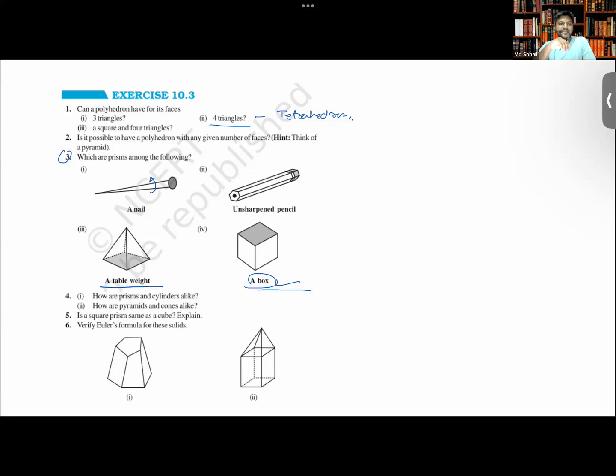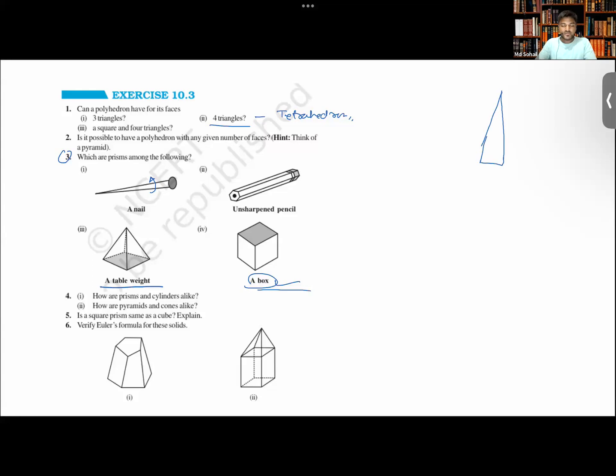But prisms do not have a circular shape, right? There's a distinction which we are seeing here. If you look at the example of the nail earlier, why was this nail not a prism? Look over here.